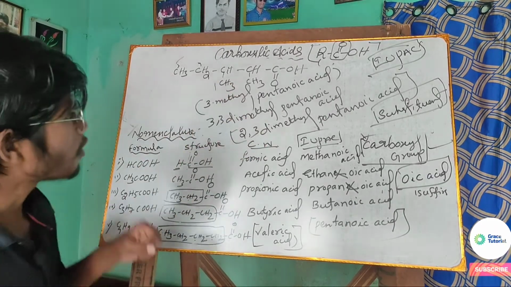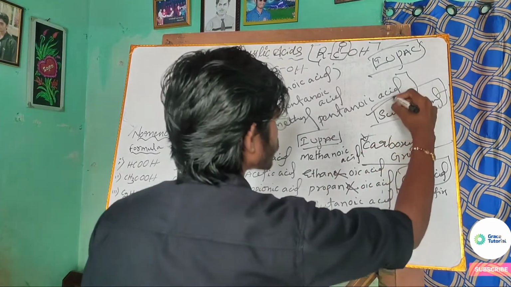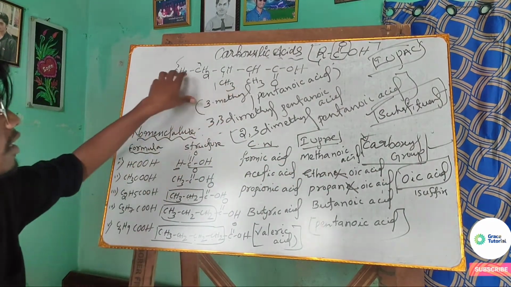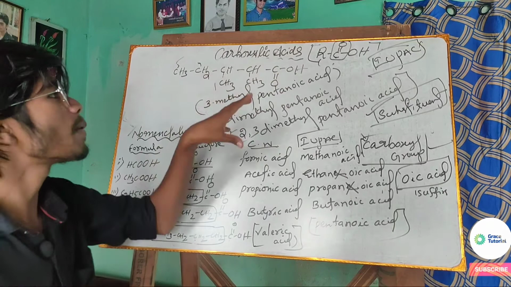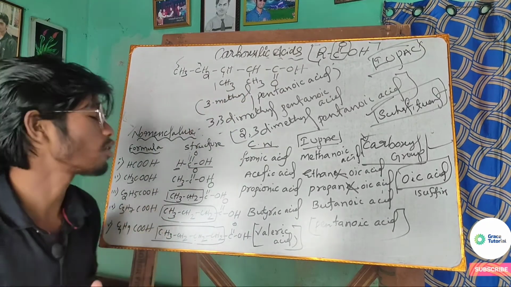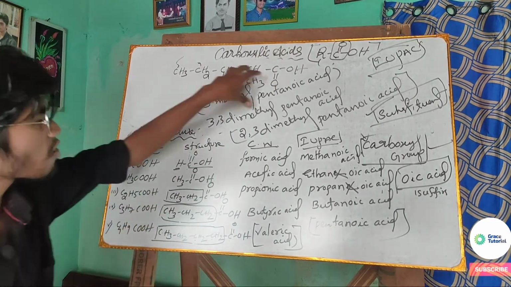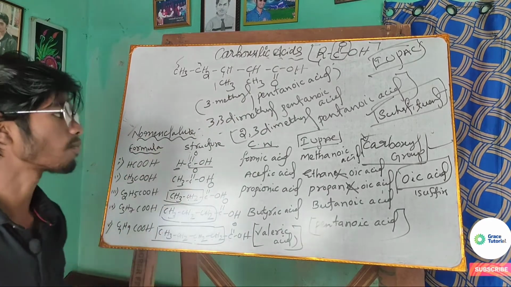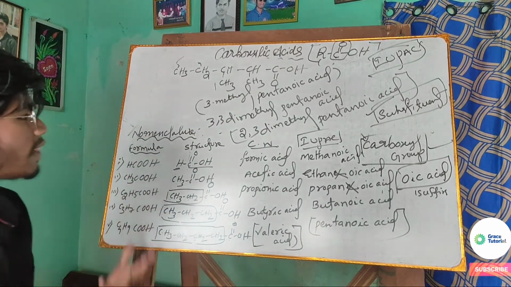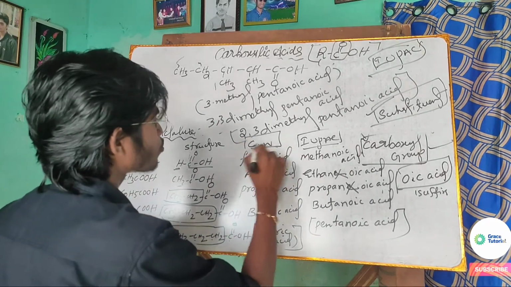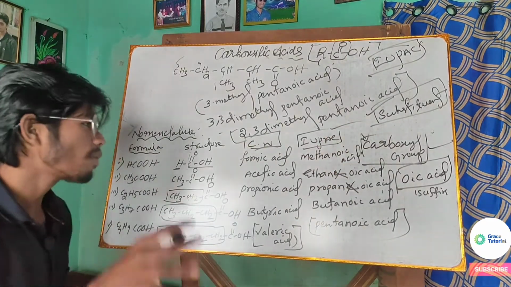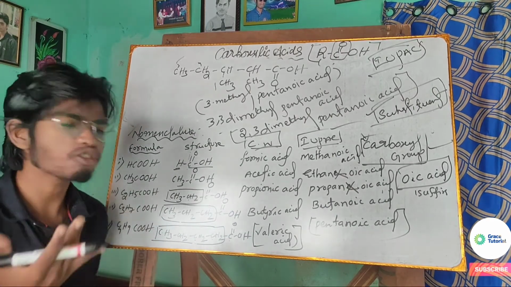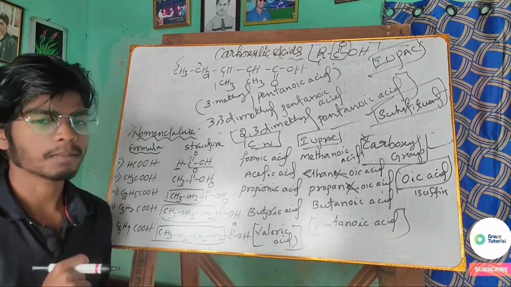The substituents are named first according to the rule, and then the main or principal chain is named. In this way you identify the IUPAC name of the given compound. The common names along with the IUPAC names will help a lot in remembering the preparation and chemical reactions of carboxylic acids.